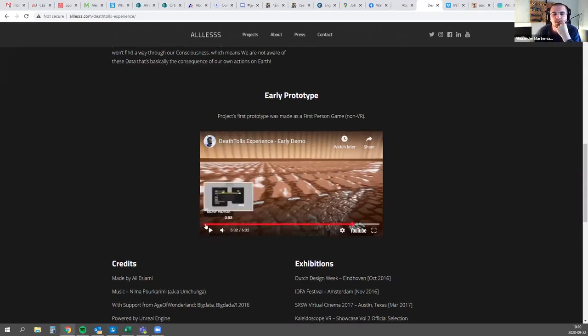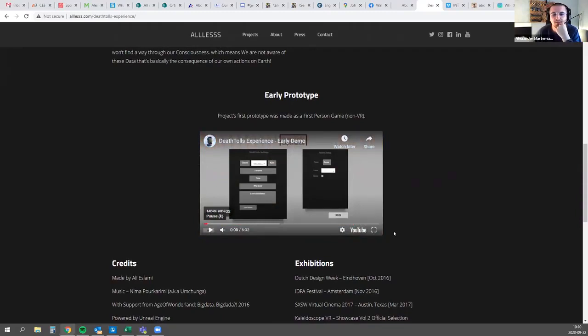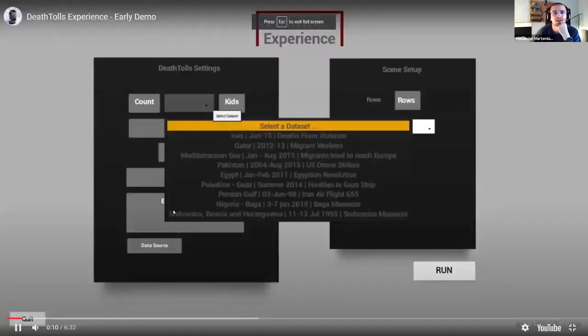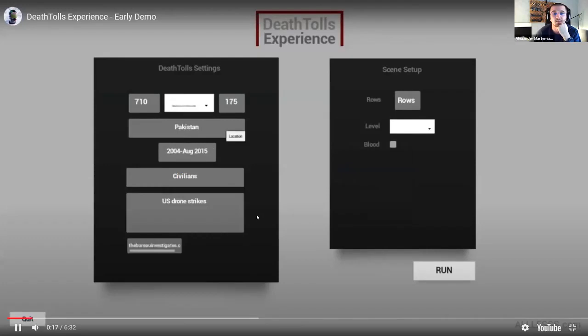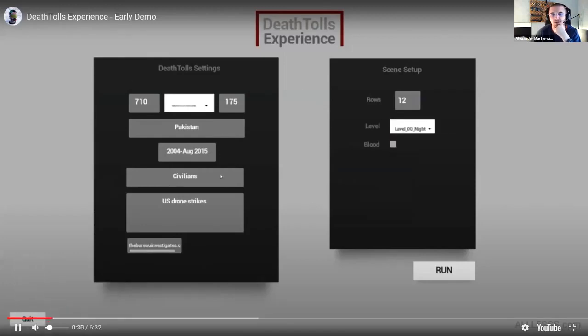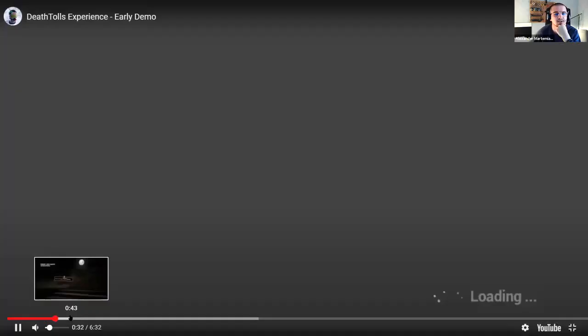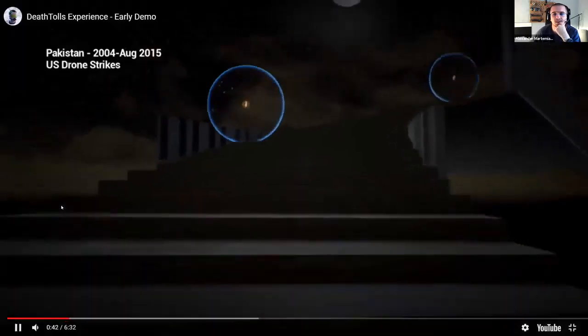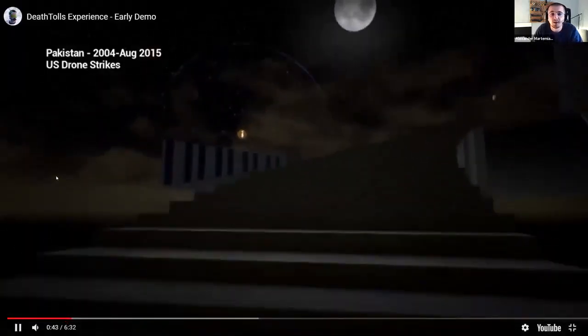The project is like a game, or sort of, and the user selects one of the cases, like some terror attacks or military attacks on the civilians.